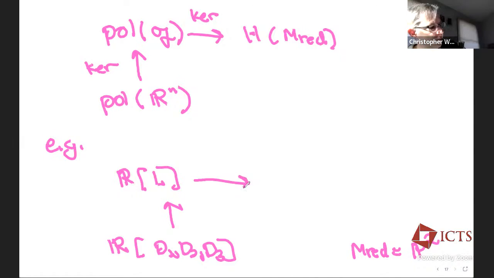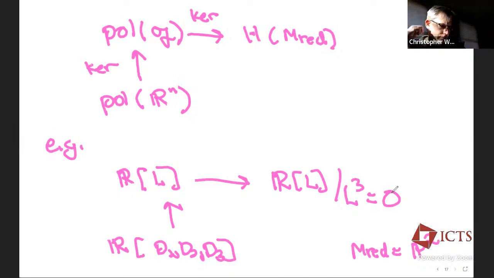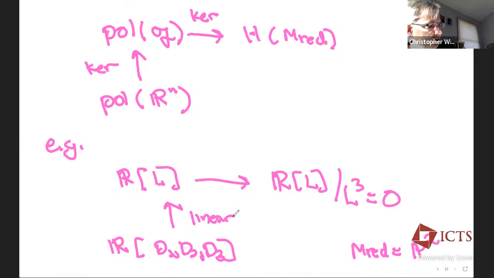And then I go to H of M red, and this is R[L] modulo the relation L cubed equals 0. So the linear relations in the Danilov-Jurkiewicz theorem appear as kernels in the first arrow, and then the nonlinear relations appear when you take the kernel of the second arrow.